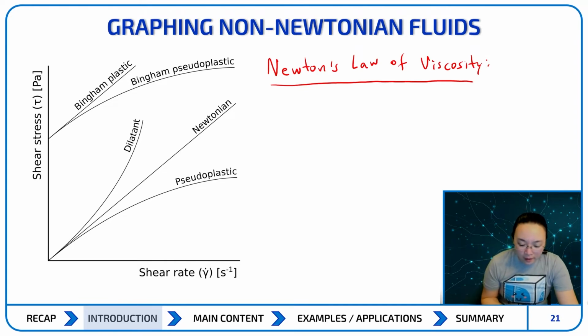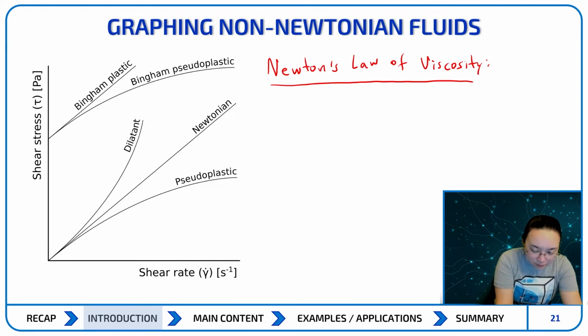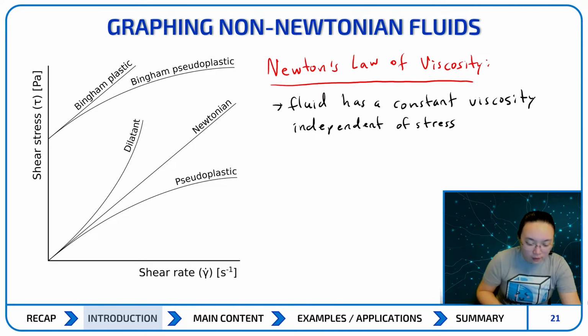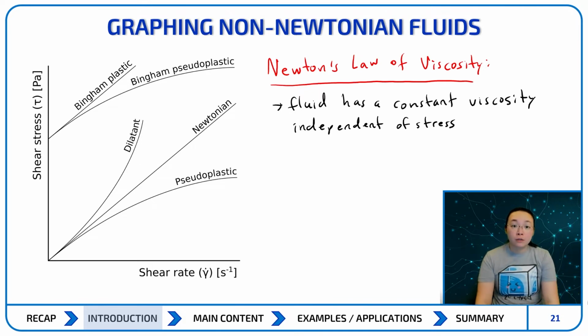Basically, it states that the fluid has a constant viscosity independent of stress. So that is the definition for Newton's law of viscosity.